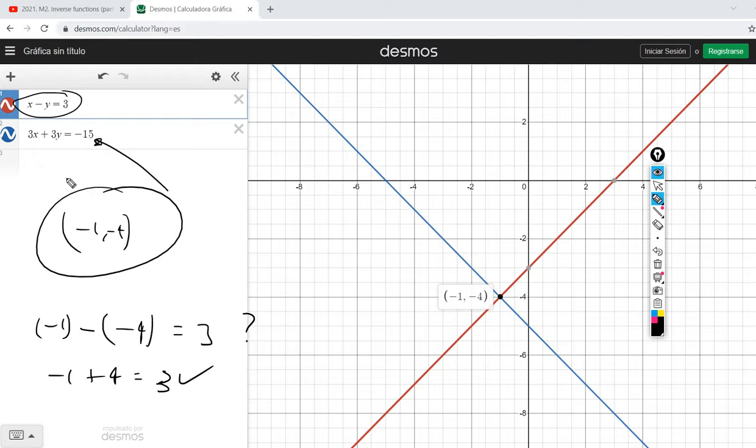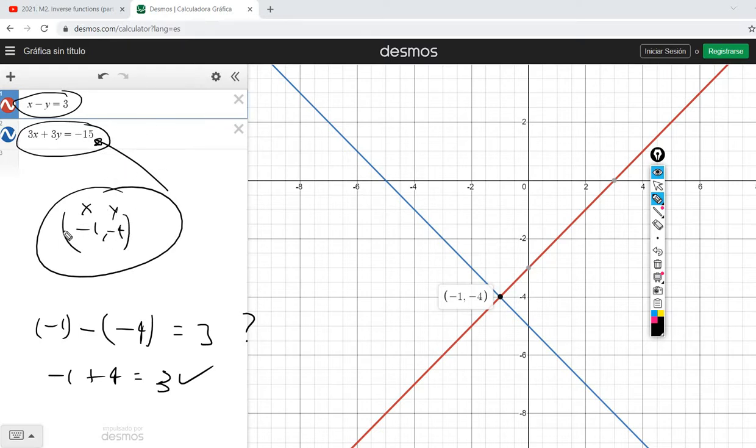So as you can see, this equation is satisfied by this point, being the first coordinate x and the second coordinate y. And the same is going to happen to the other equation. If you introduce in the place of x the number -1, and in the place of y the number -4, this equation will also be satisfied.